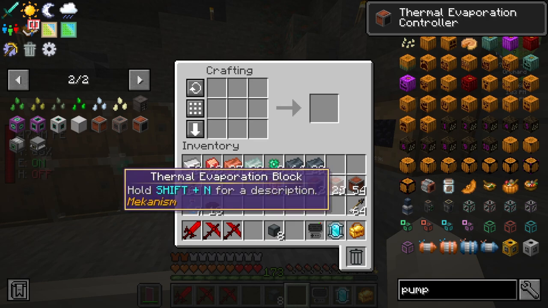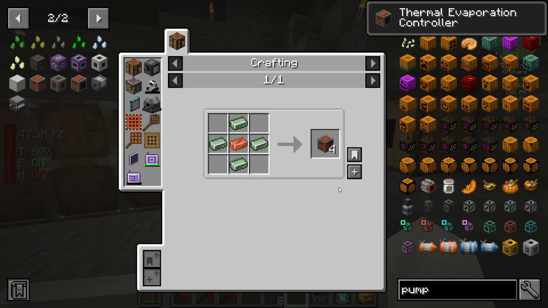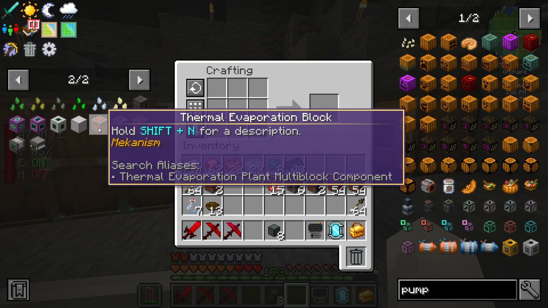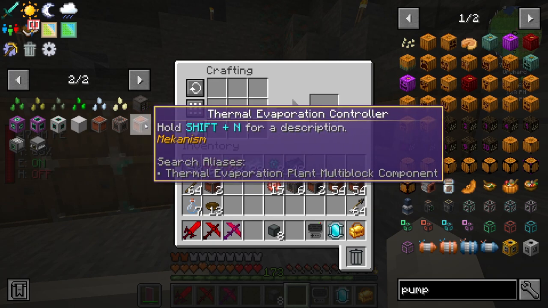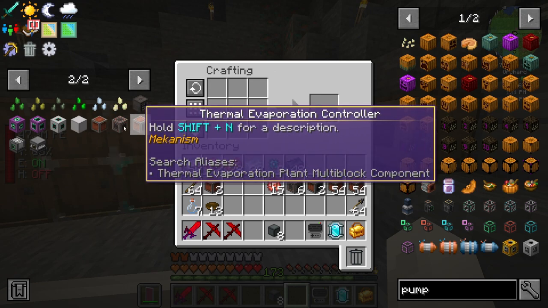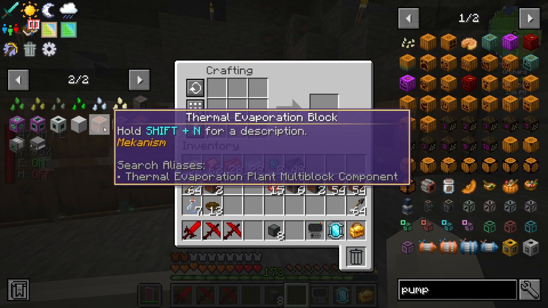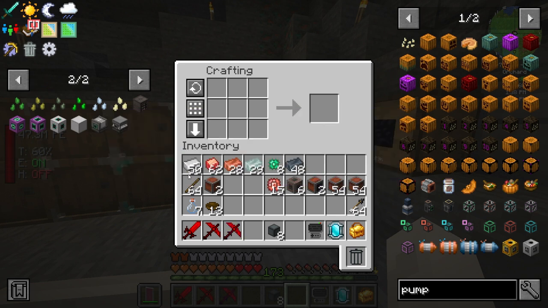Okay, and now we need to make more of these, so we have actually 54 again, which apparently isn't possible. And that should be all these, which we don't need anymore.